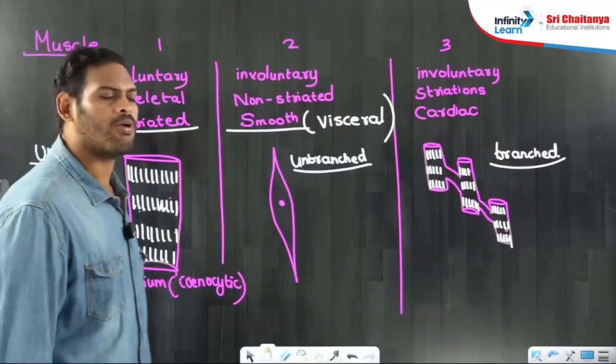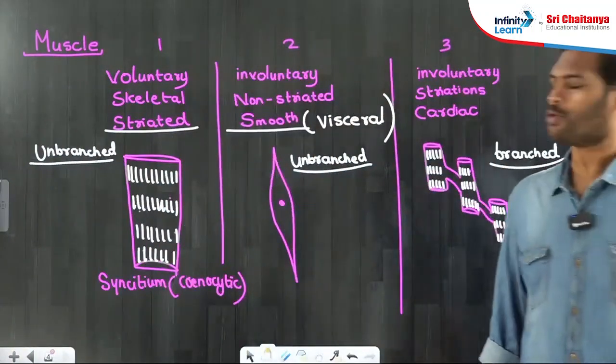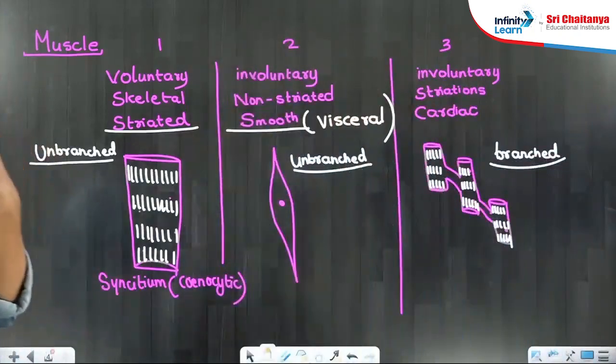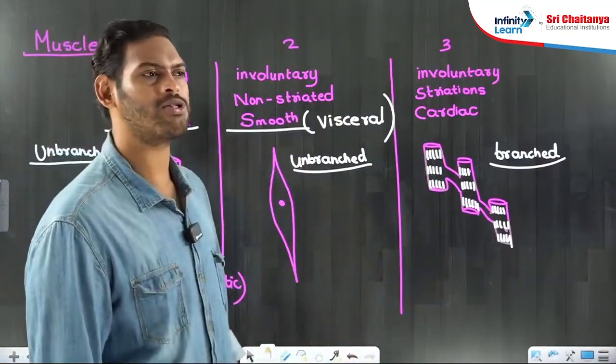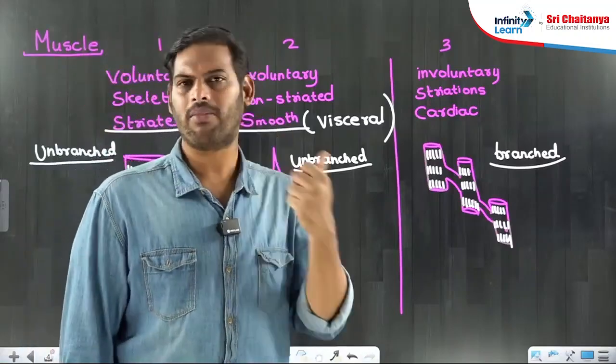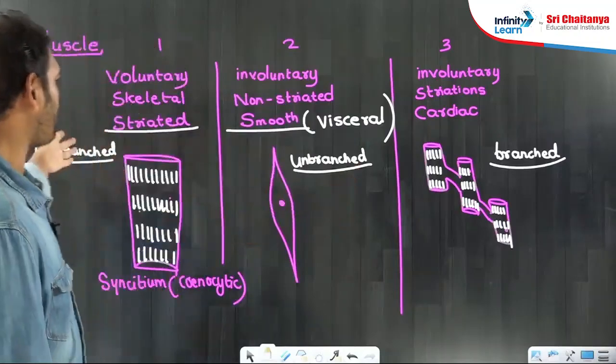Is there branched muscle in the tongue? Yes or no? Good, no branching, because the tongue is voluntary muscle. Voluntary muscles are long cylinders without any branches.